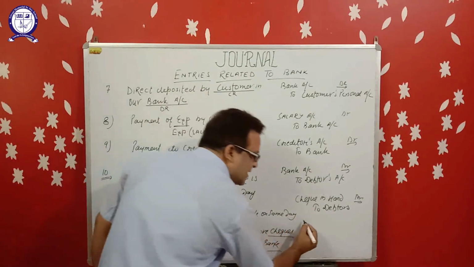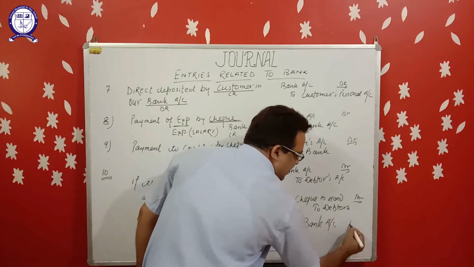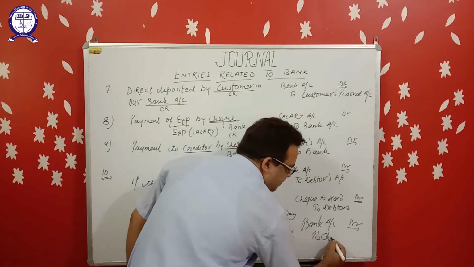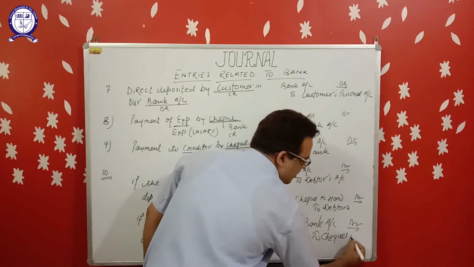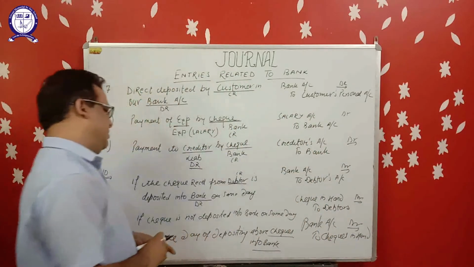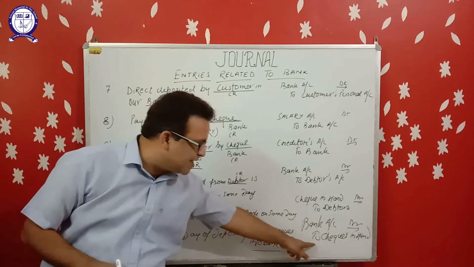Bank balance is increasing now. That's why bank account will be debited. On the other hand, checks are decreasing. Checks are going. The check in hand will be credited. The journal entry will be bank account debit to checks in hand.